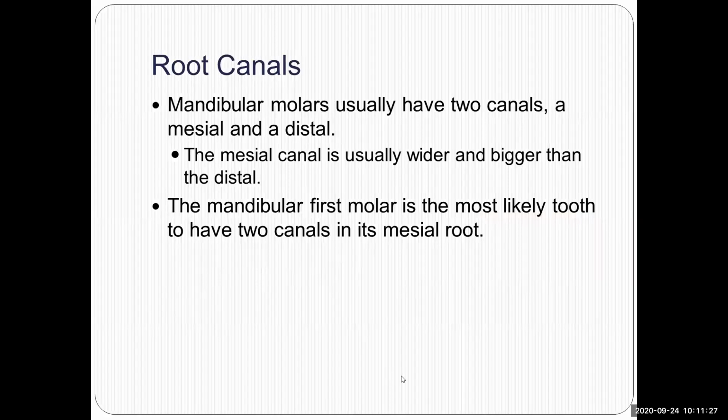Mandibular molars have two canals, a mesial and a distal. The mesial canal is usually wider than the distal because the mesial root is bigger and wider and longer. The mandibular first molar is the most likely tooth to have two canals in the mesial root, again, because it's a bigger root.